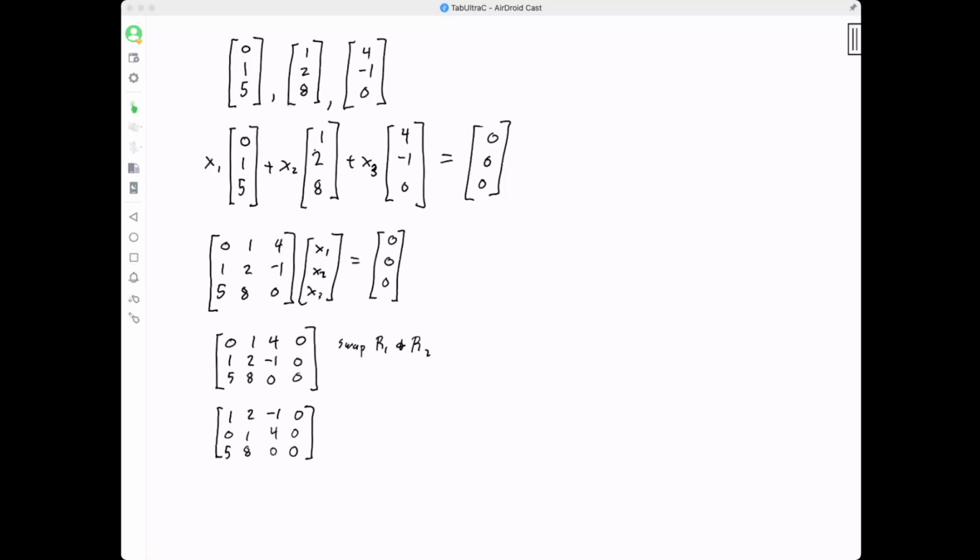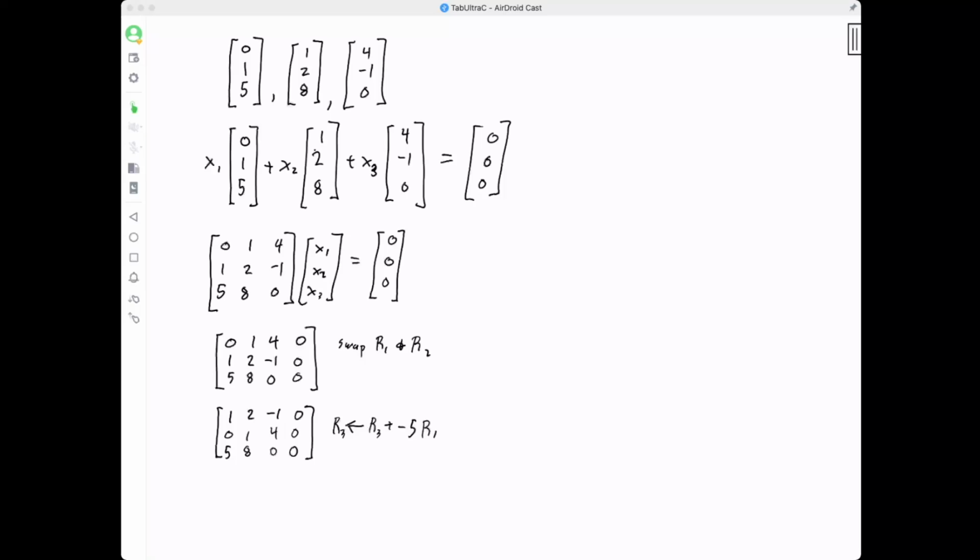The second row already has a 0 in the first column, so I need to replace row 3 with row 3 plus -5 times row 1.